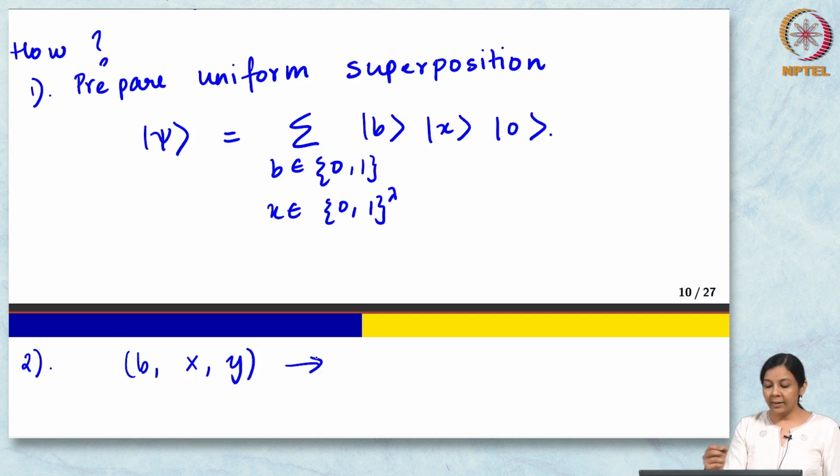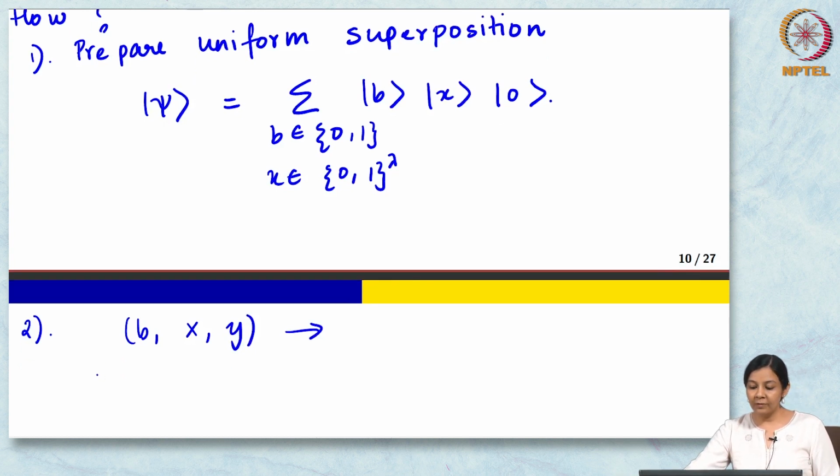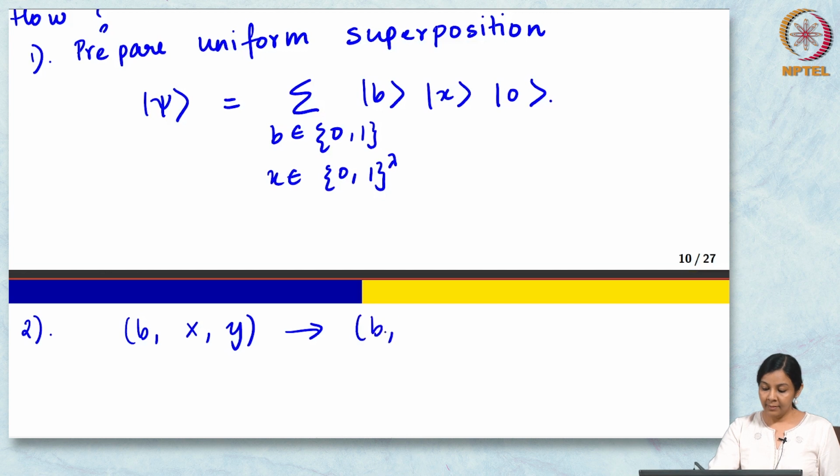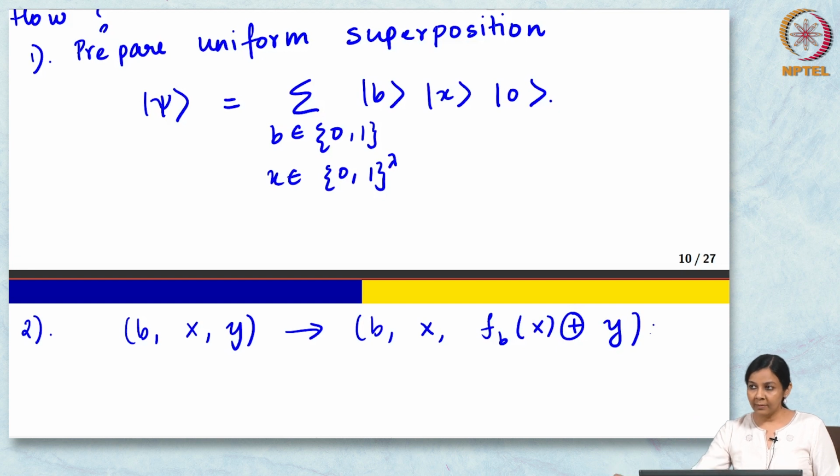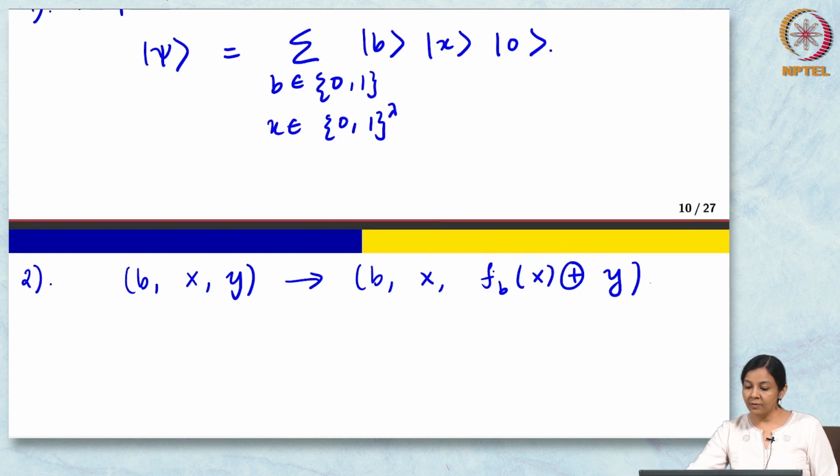What should my function transform this b, x, y to? Yes? Very good, exactly. To be a little more precise, |b, x, f_b(x) XOR y>. For us y is 0, so XOR y will just be 0. So this is exactly right.